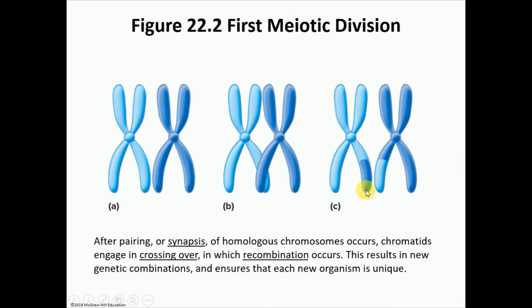So again, this gives that genetic variation where when we end up making either a sperm or egg, it is not the exact copy of the parent. So when fertilization happens and babies are born, they're not carbon copies of their parents. Okay, so again, this all happens in the first meiotic division, to be specific, during prophase 1.